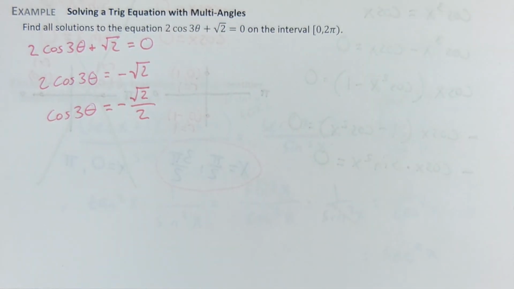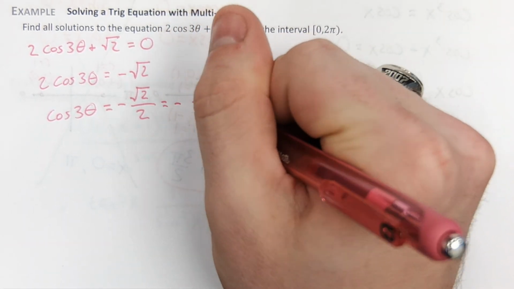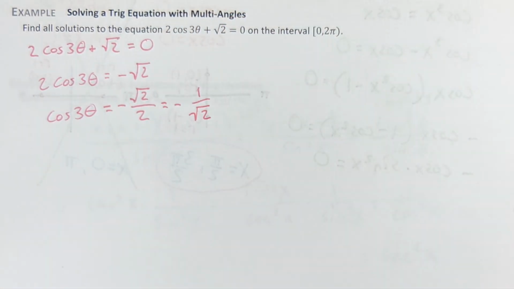Root 2 over 2 is a special fraction. It happens to be the rationalized version of 1 over root 2. It's what you get if you rationalize that denominator.